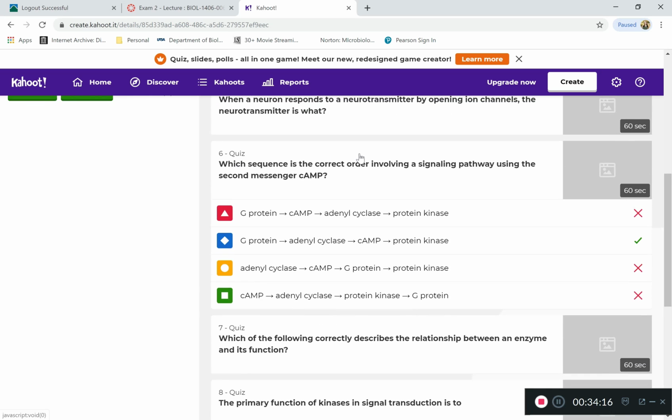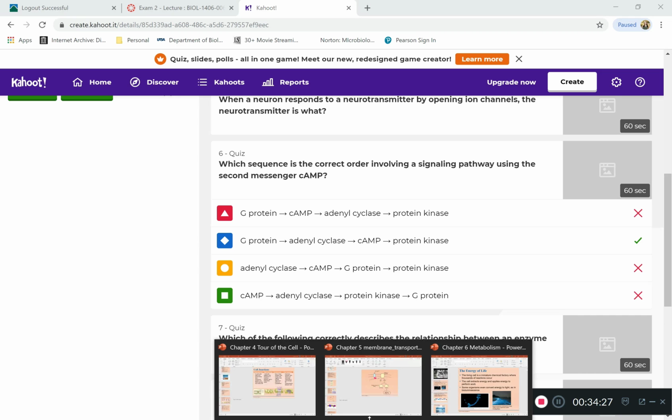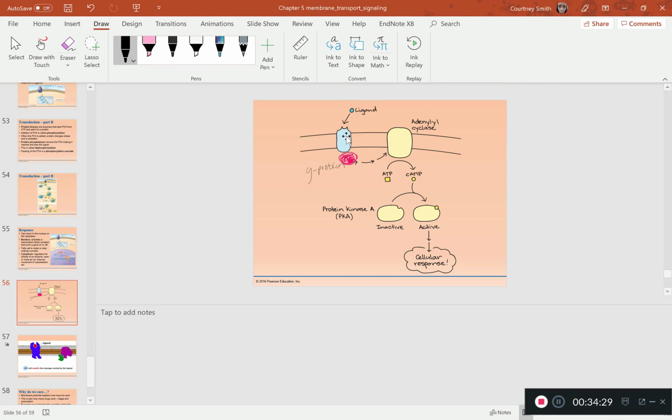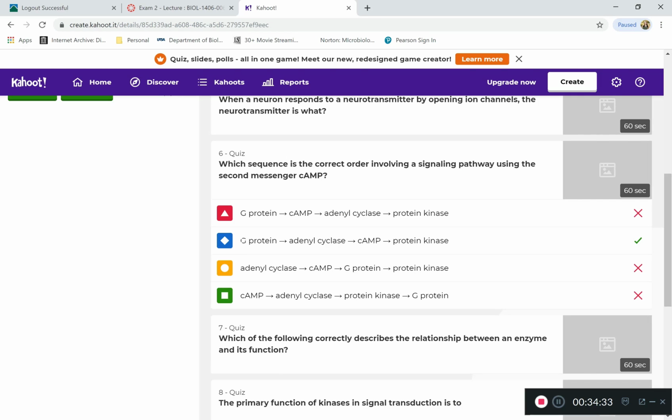So what was the sequence in the correct order that involves the signaling pathway using cAMP? So the correct answer is that, before this you'll have the ligand binding as you saw in the photo. So you have your ligand binding, and then you have your G protein, and then your G protein goes to that other enzyme, and then cyclic AMP is activated, and then cyclic AMP activates protein kinases.